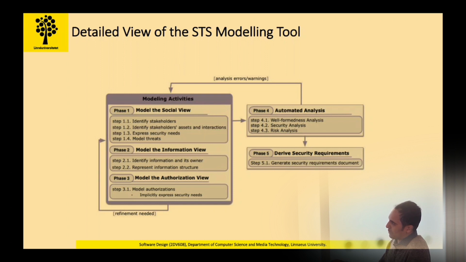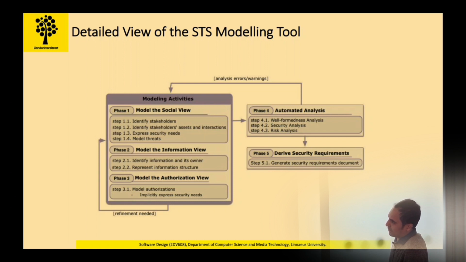And once you have them, you need to have these 3 major steps. One is the well-formed check, where you check your modeling is correct in terms of syntactic and semantic relations between actors and documents. You will also perform a security analysis. Whatever security needs you imposed should not contradict, both from the actor side and in terms of modeling perspective.